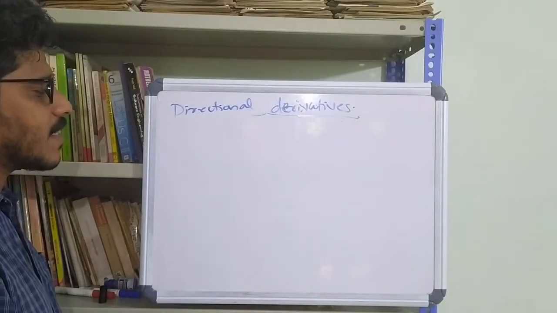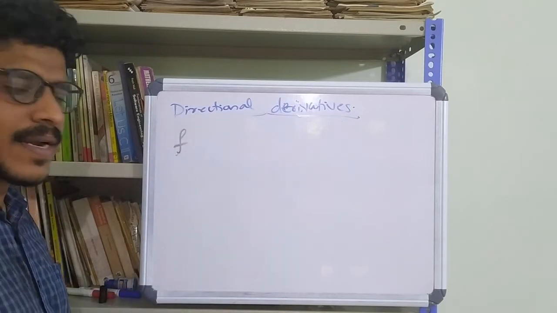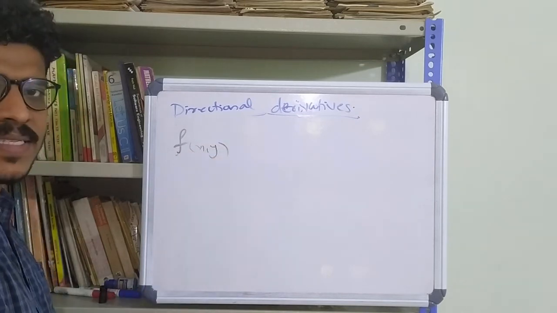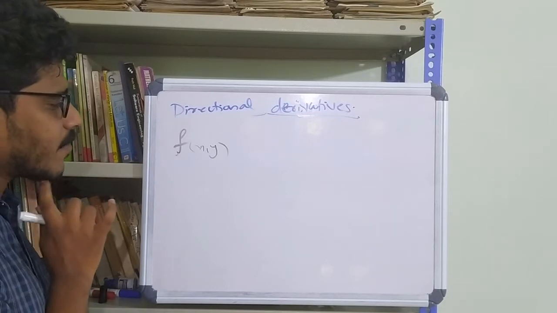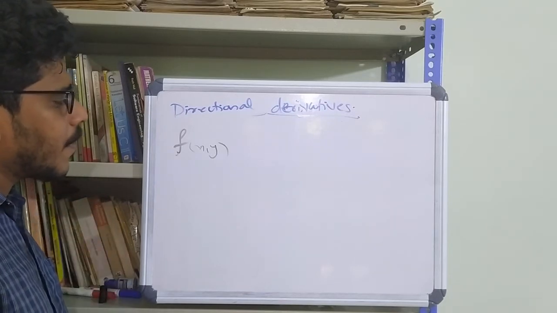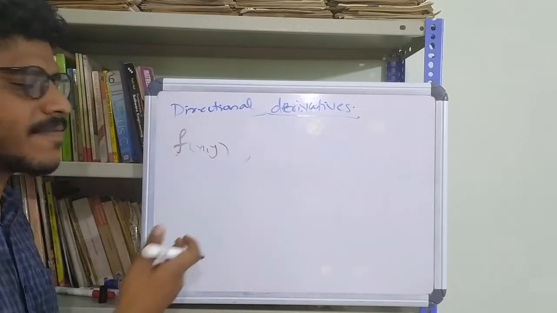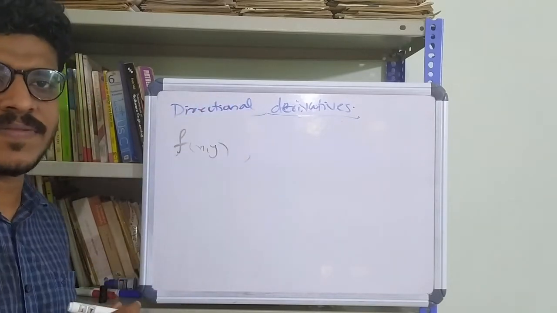Let's formally define the directional derivative first. Suppose we have a function f, say a two variable function. You can simply extend this to three or higher variable cases. Suppose we have a function f of xy. The directional derivative itself says something about direction, so we need a direction to find the derivative here.